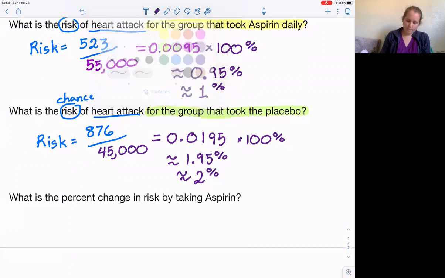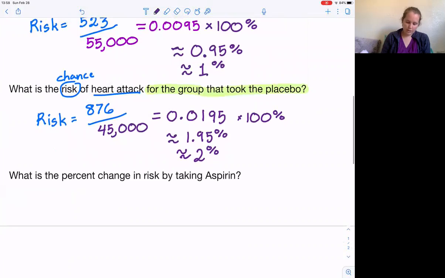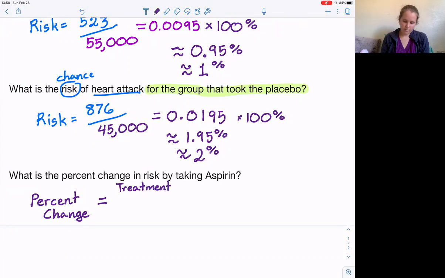So in general, to find percent change in risk, what we will do is we will do the treatment risk, then we will subtract from that the original risk without the treatment.